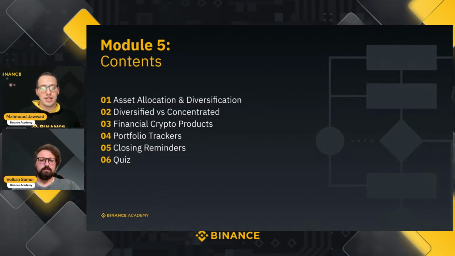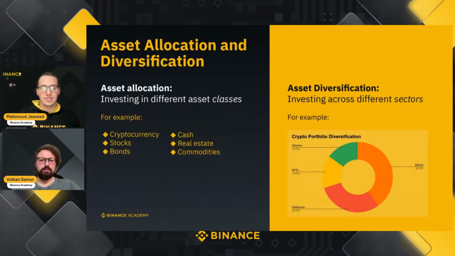And this is what we are going to talk about. And due to the lack of time, we are just jumping right into asset allocation and diversification. So asset allocation, just quickly, refers to investing in different asset classes. So Volkan already mentioned it can be stocks, it can be cryptocurrencies, bonds, then you have metals or cash. Diversification relates to distribution of your investment funds across different asset classes or different asset sectors.